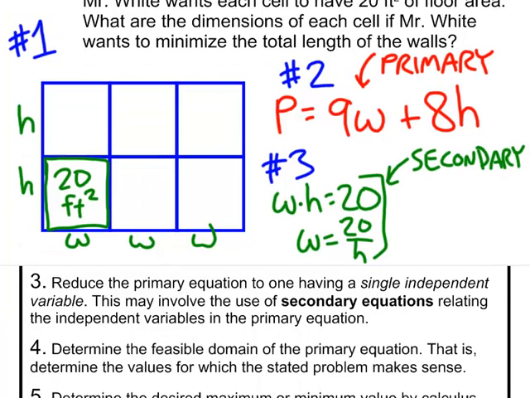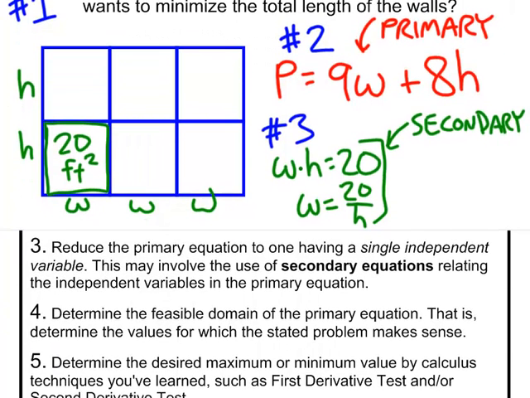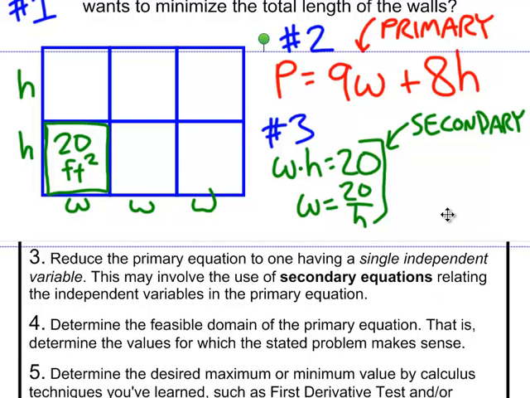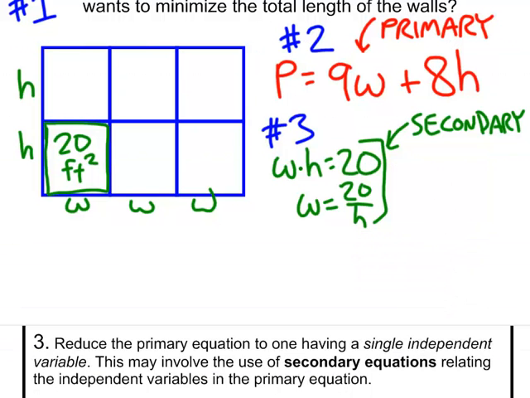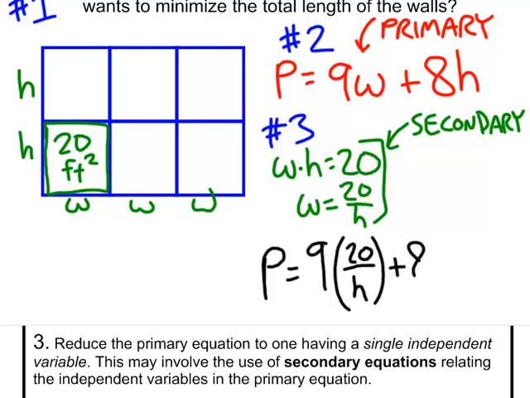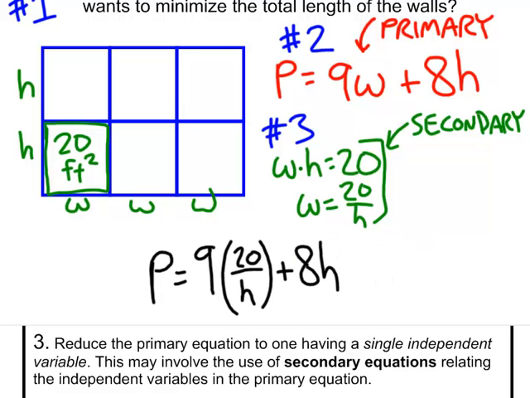We will combine those primary and secondary equations and get P equals 9 times W, 20 over H, plus 8H. Which, if I simplify it and write it in a little bit more calculus-friendly terms, will be 180 H to the negative 1 plus 8H. And I've completed step 3.